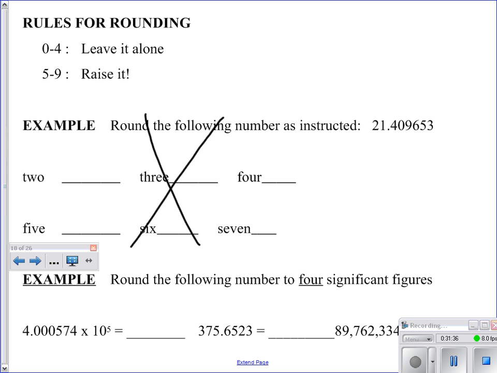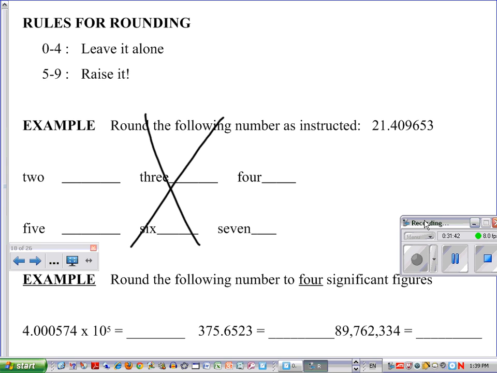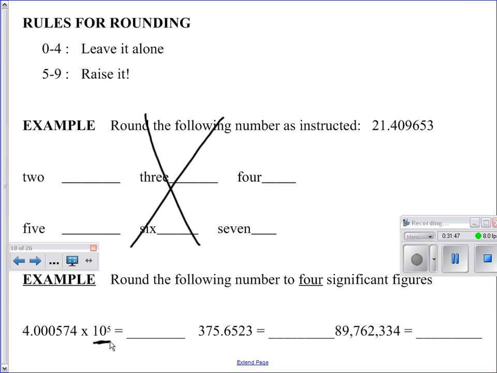In addition to that, we have now the question of rounding the following number to 4 significant figures. So if I've got this in scientific notation, and I want to round this to 4 significant figures, I still have to keep the exponent in there, but I'm not worried about that when counting my significant figures.